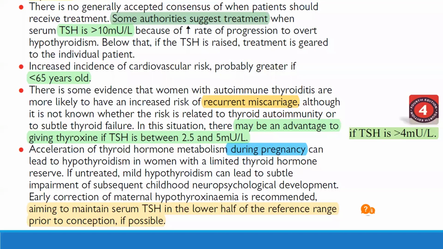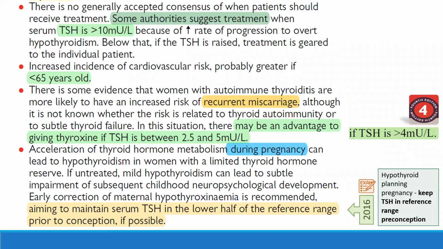and I will summarize it in a very important algorithm. So don't forget that in some previous exams, they mentioned a hypothyroid female planning pregnancy, what is the target of the TSH? Less than 2.5, or keep TSH in the reference range preconception. Which one, Dr. Fathi?